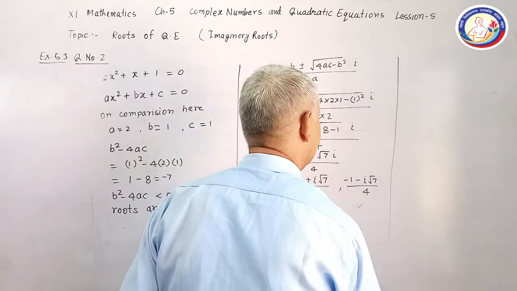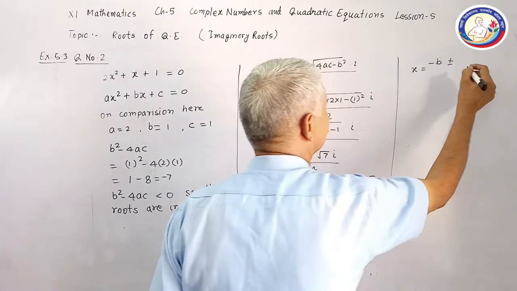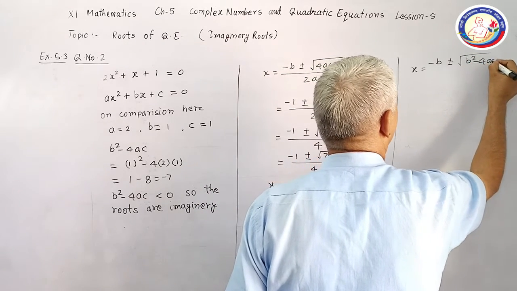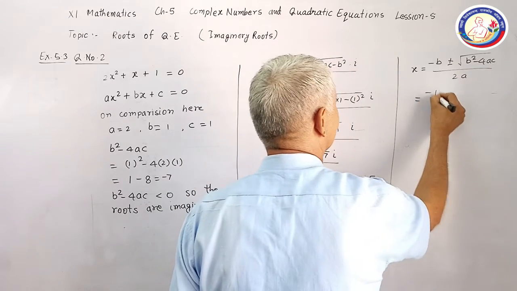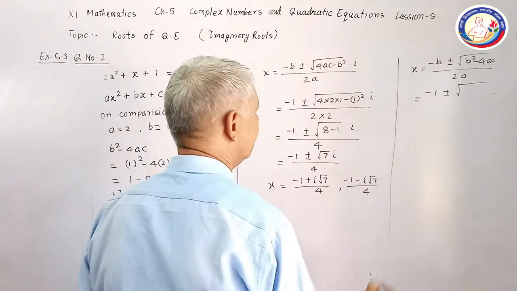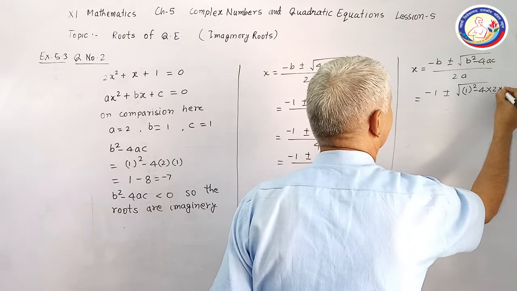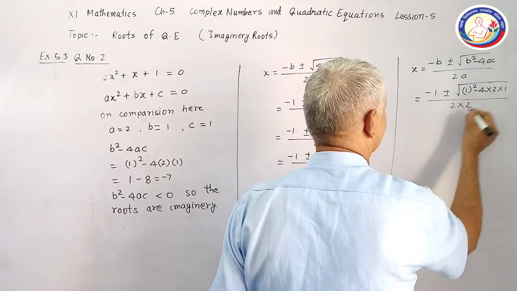x equal to minus b plus minus square root of b square minus 4ac divided by 2a. Put here the values. Minus 1 plus minus square root of 1 square, b is 1 here, minus 4 into 2 into 1, upon 2 into 2.